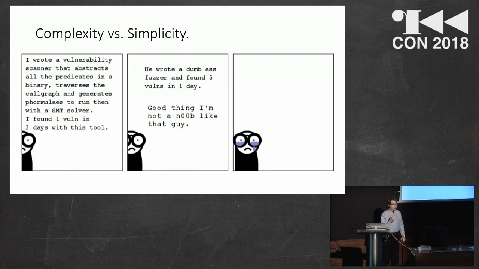You could either write some very specific fuzzer, use it and find one bug, or you could launch a dumb fuzzer from the first second and find five bugs, and you will be a noob, and I am a noob. Yes, I discover a lot of bugs. Most of my CVEs or IActive research CVEs were discovered using a dumb fuzzer, so I'm a noob. I'm proud of it. The thing is, what dumb fuzzer are you using, and how smart is this dumb fuzzer?